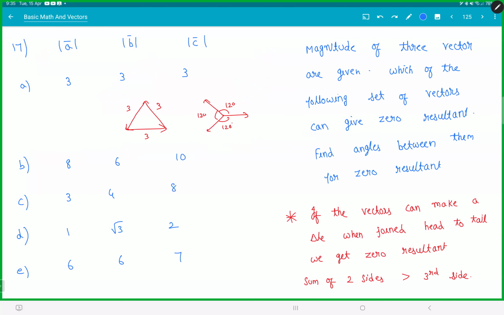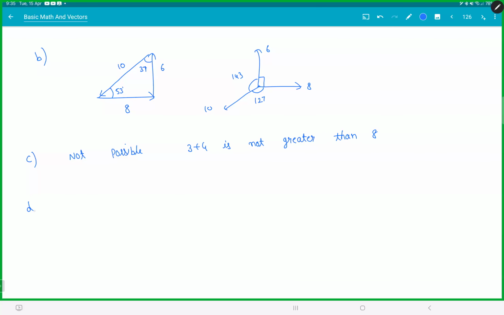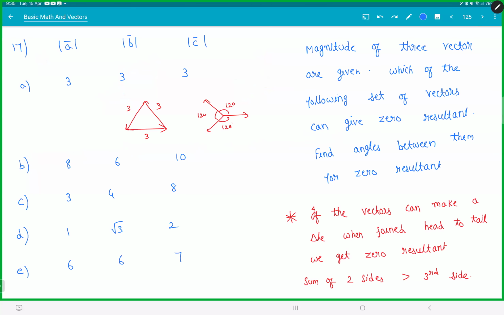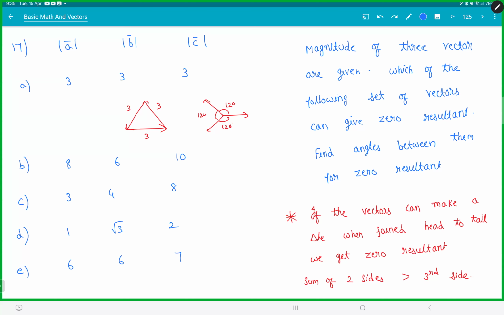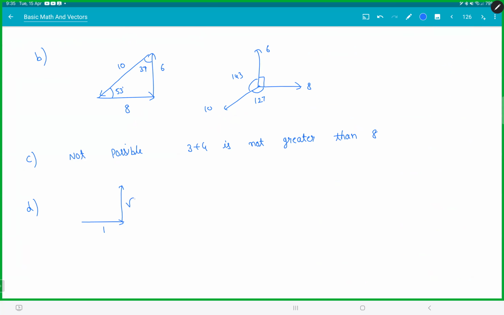What about D? 1, root 3, 2. I think that is also a right angle triangle. Is it a right angle triangle? Yes, I can make a right angle triangle: 1, root 3, and this guy is 2.